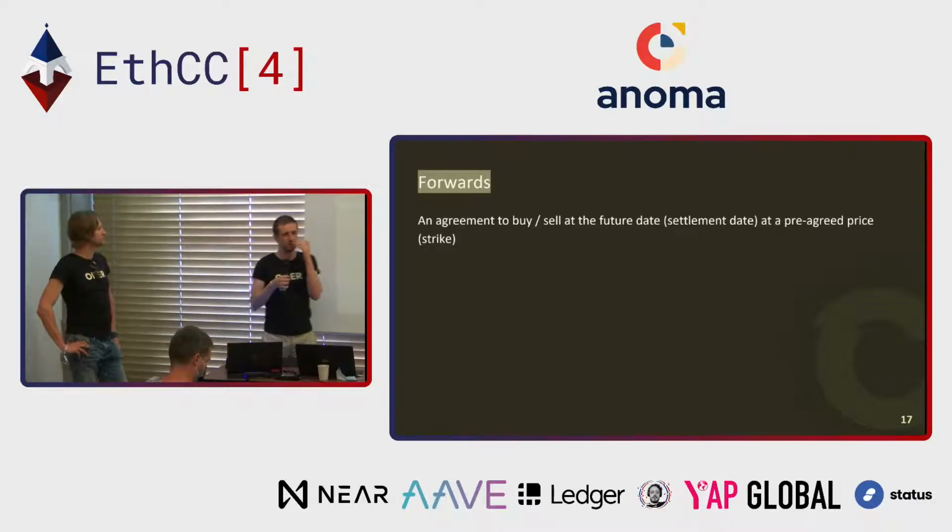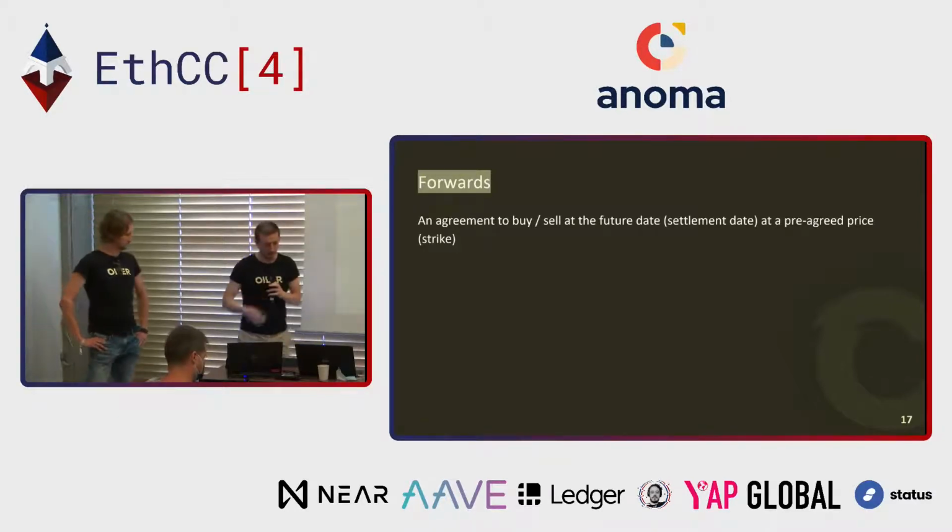And also working with traditional finance specialists, we realized that it feels a bit like everyone in the Ethereum markets started with options, and it's really hard to build from there and do proper market making.